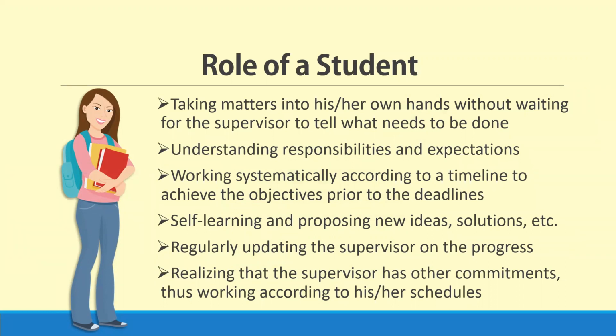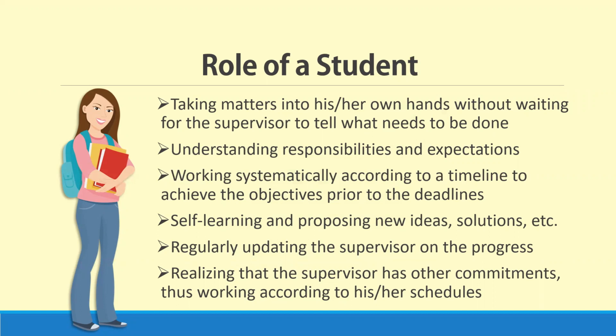And as the second bullet point says, the students should understand the responsibilities and expectations and work accordingly. Right? And the student is supposed to work systematically according to a timeline to achieve the objectives of the research and meet the deadlines, because in a degree program there'll be deadlines, submissions, and evaluations.